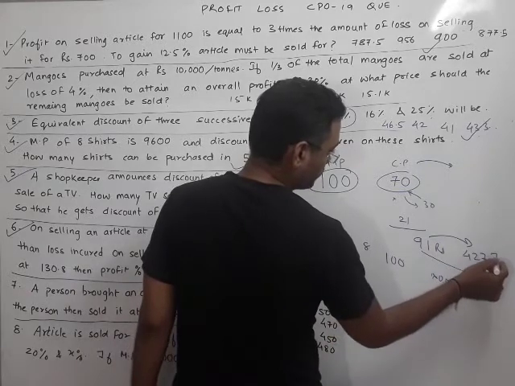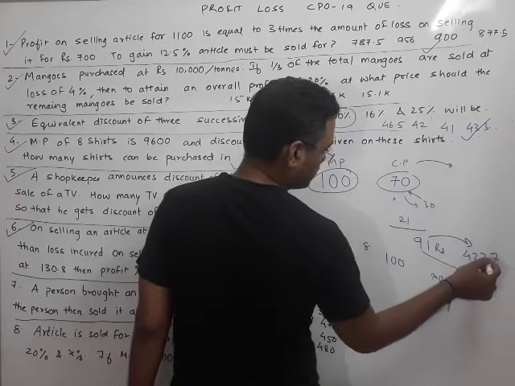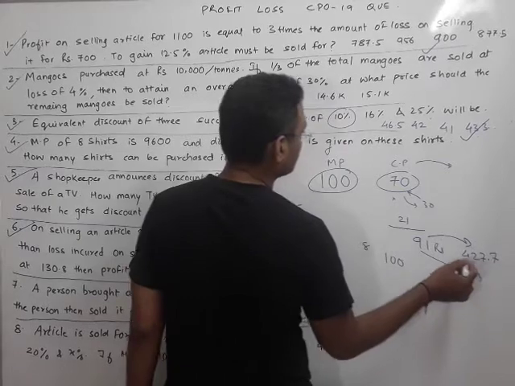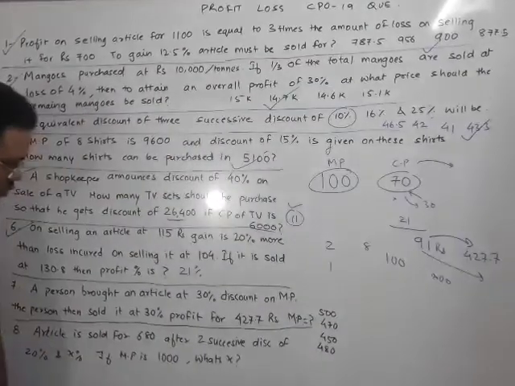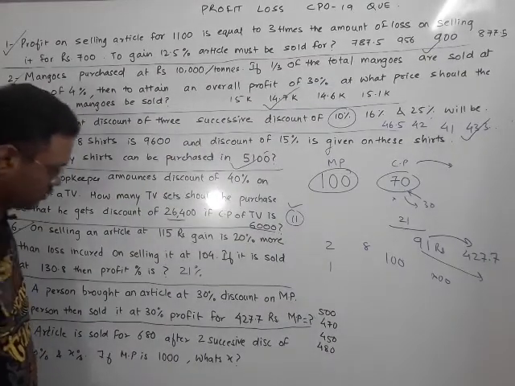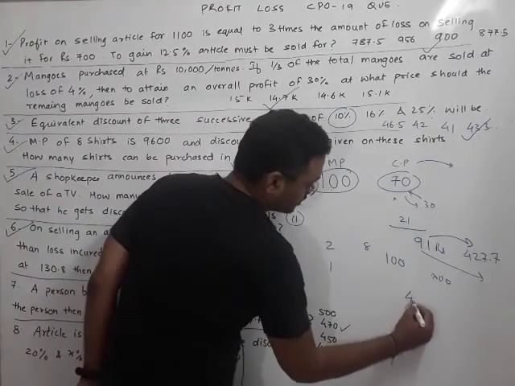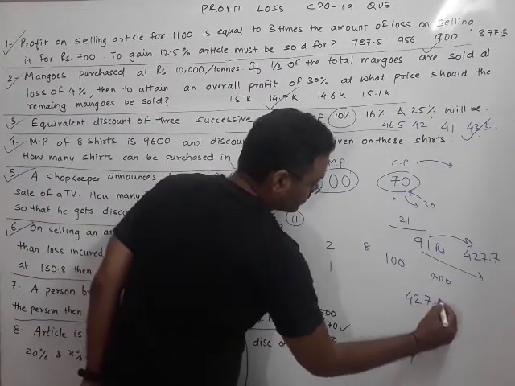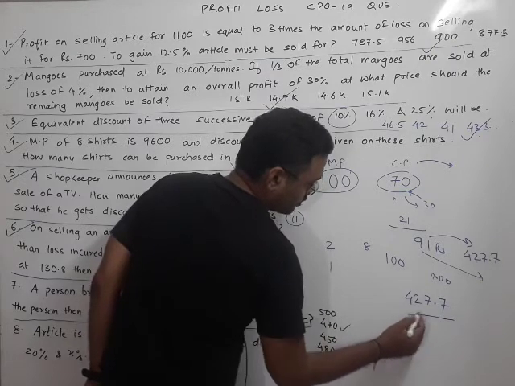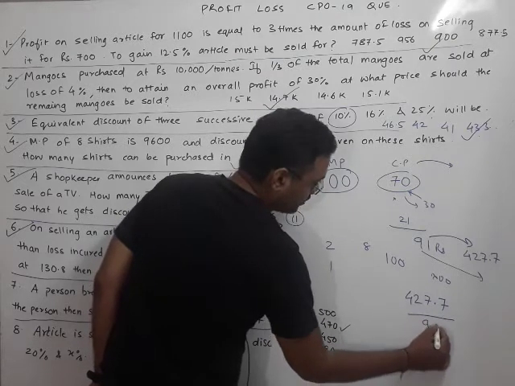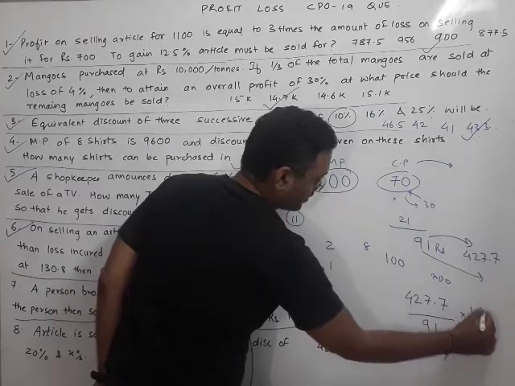This has a ds of 7, 9, 11, ds of 2. This will be your answer: 4277 point whatever that is, divided by 91, multiplied by 100.